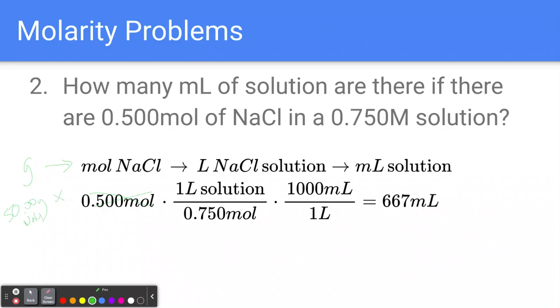Then you would do your molar mass conversion. So grams of sodium chloride per 1 mole of sodium chloride. And I believe that is 58.44. So that's how you would start with grams. You would not start here with moles. You would have started with grams, used the molar mass conversion, and then we can move on and use the molarity here to get us out of moles and into liters.